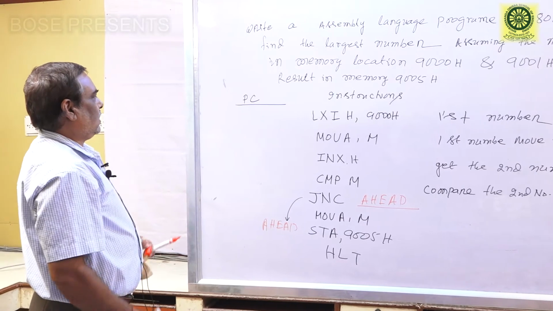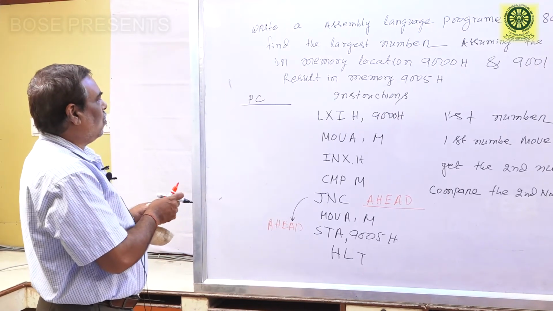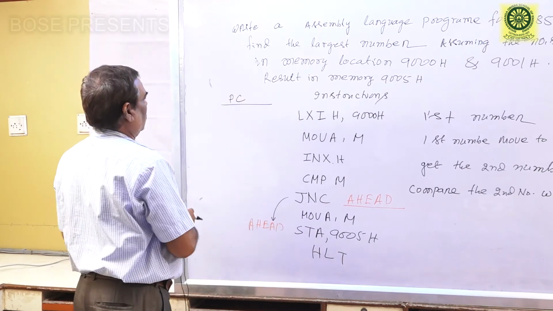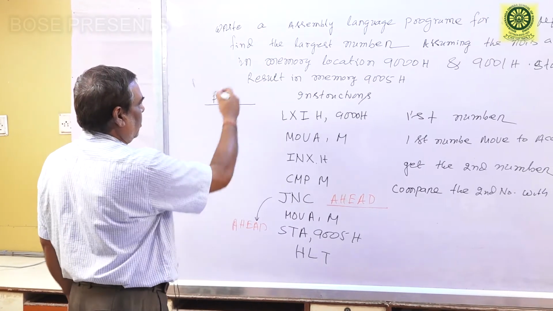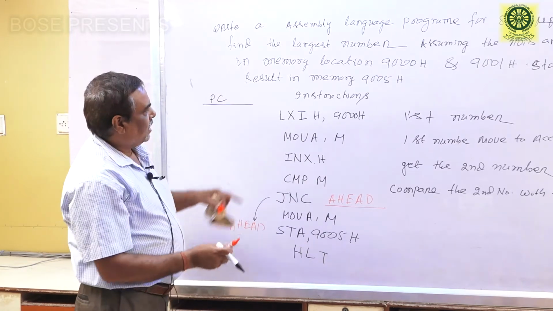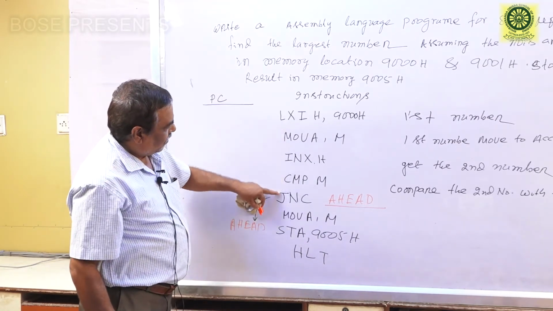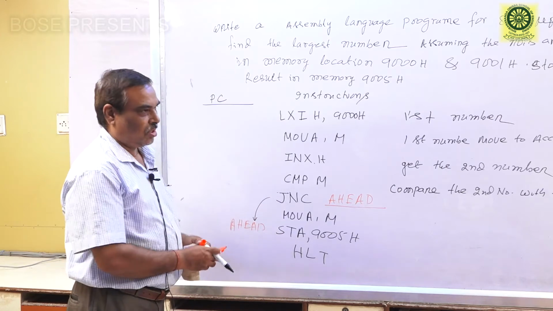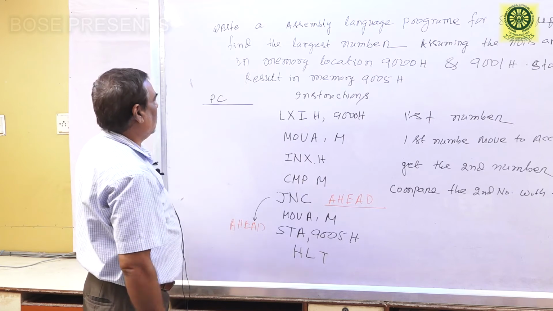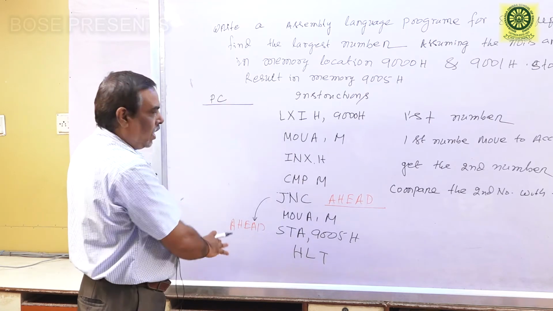Now the next step is how to write the program counter content, that means the address of the instruction to be executed. In this program, you see there are 1, 2, 3, 4, 5, 6, 7, 8 instructions. So this simple program consists of 8 instructions, and the program counter counts them one by one.